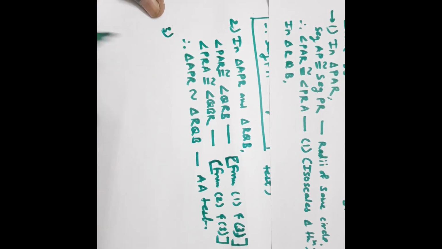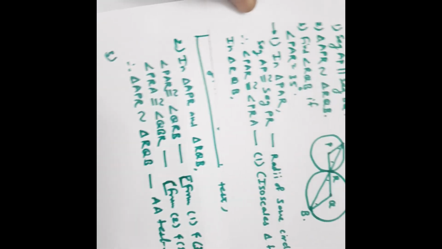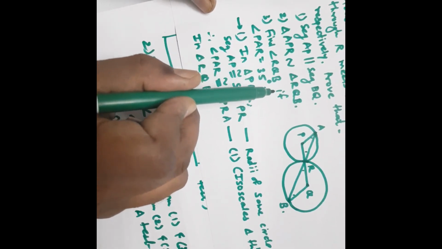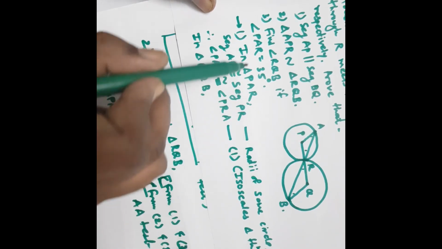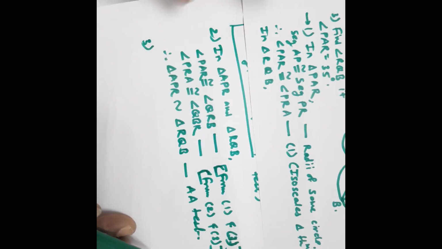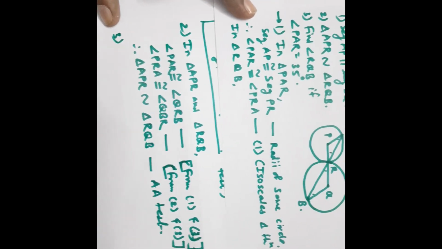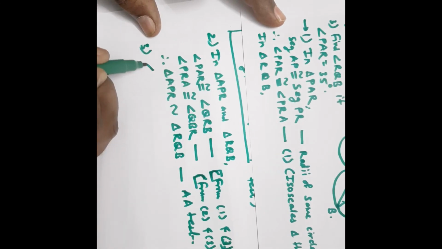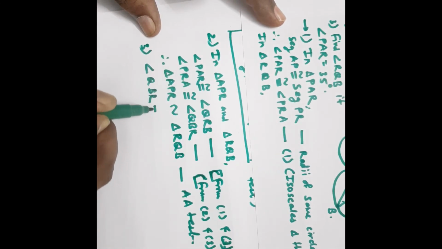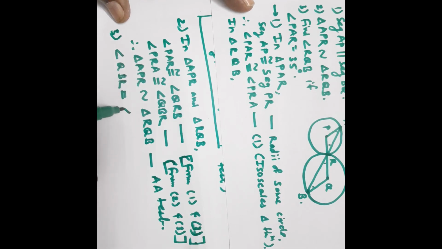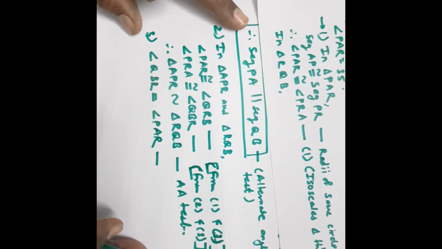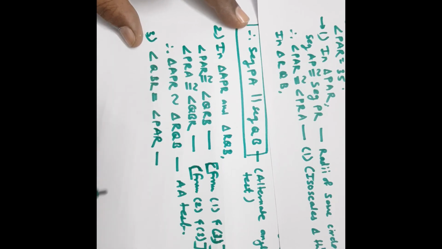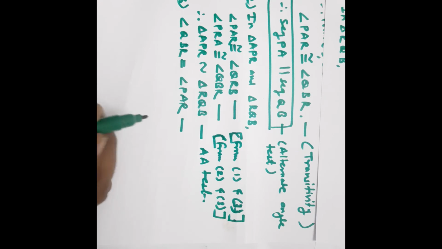Now, the third thing to find is angle RQB, if angle PAR is equal to 35 degrees. Here, angle QBR is equal to angle PAR from the first proof.